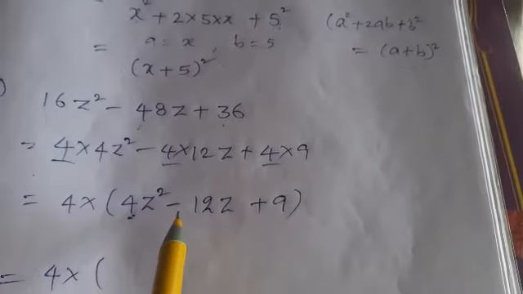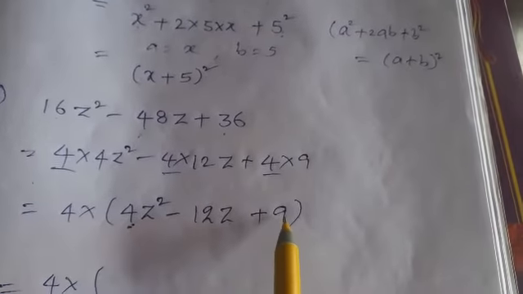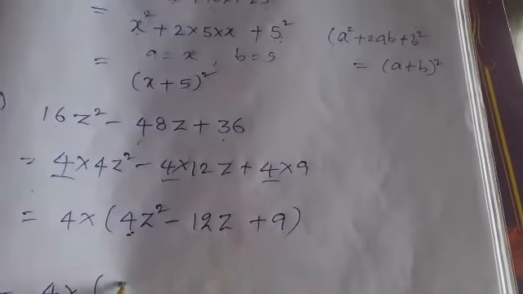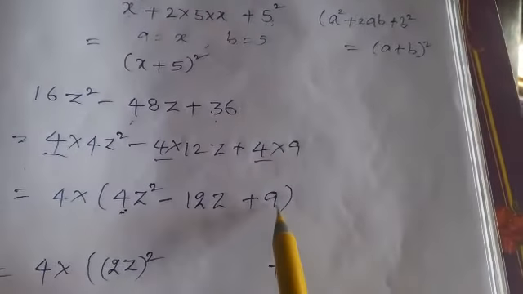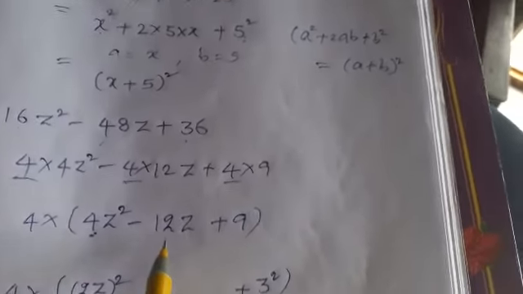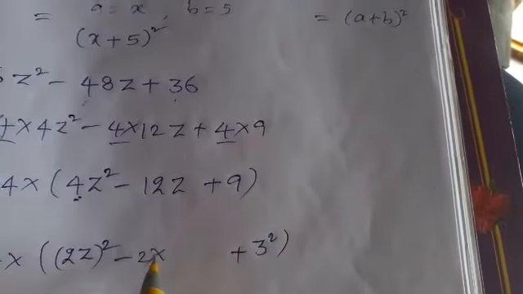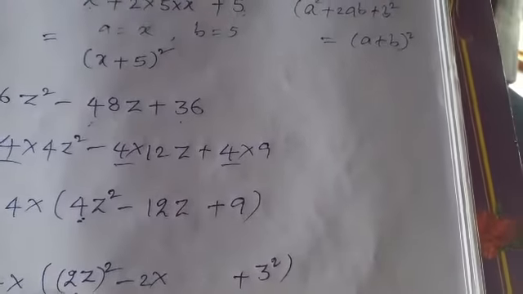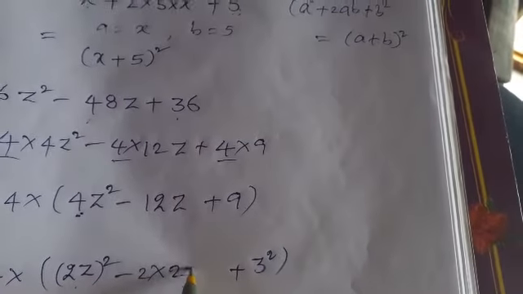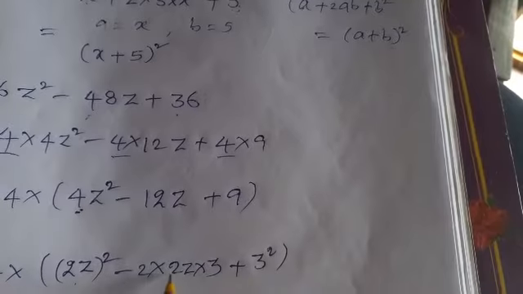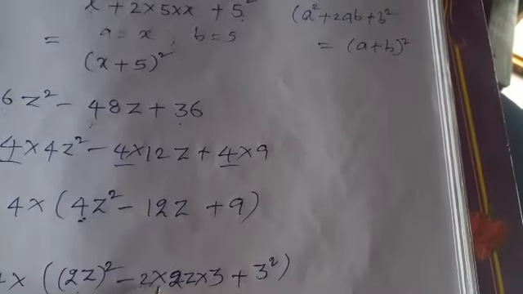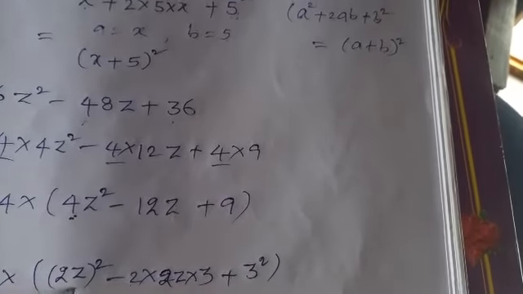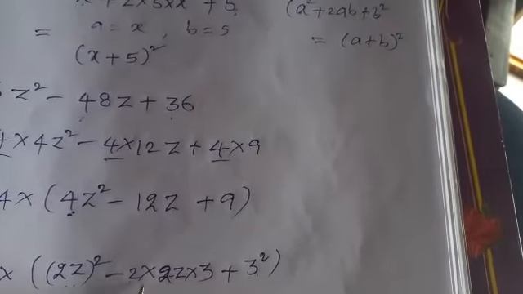What is (a - b) whole square? a square minus 2ab plus b square. So let us write: this is 2 square z square, (2z) whole square, and this can be written as 3 square. Now what is the middle term? The middle should be twice the product of these two terms. You can write 2 into 2z into 3: 2 twos are 4, 4 threes are 12.